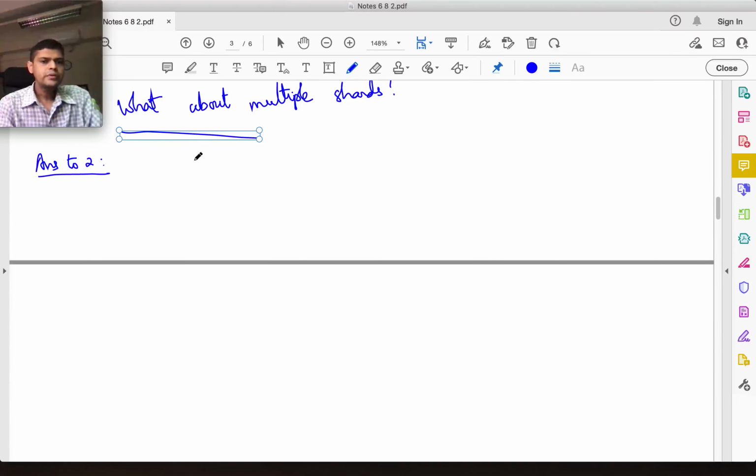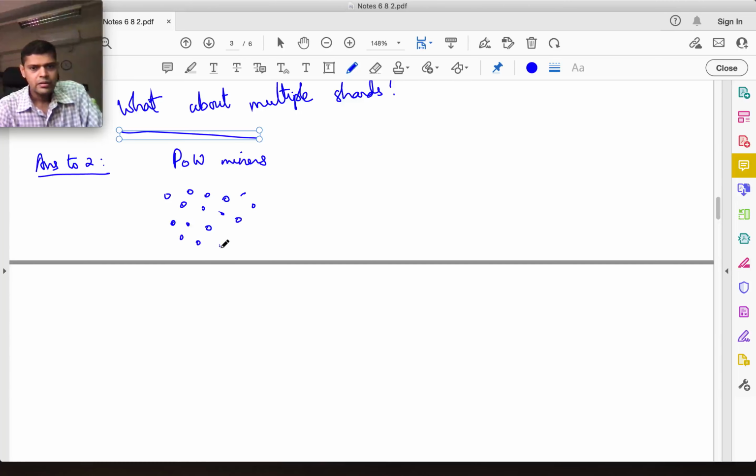So we start out with the PoW miners. Let's assume that all have equal mining power. There's no loss of generality there, because if somebody has more mining power than the others, you just say that he has multiple of these nodes.